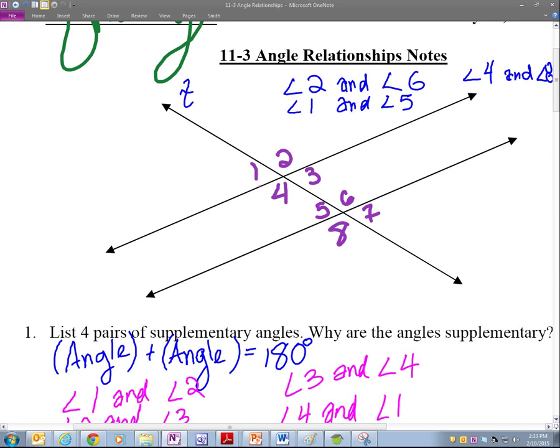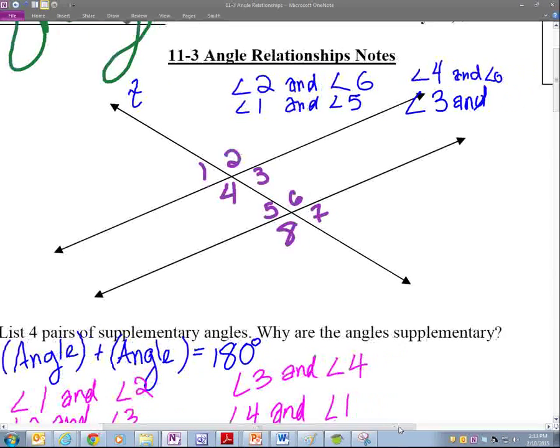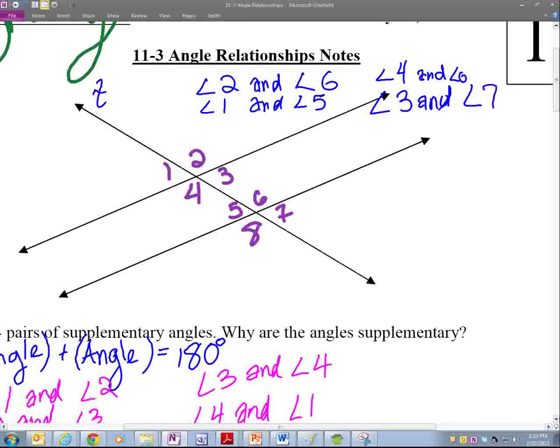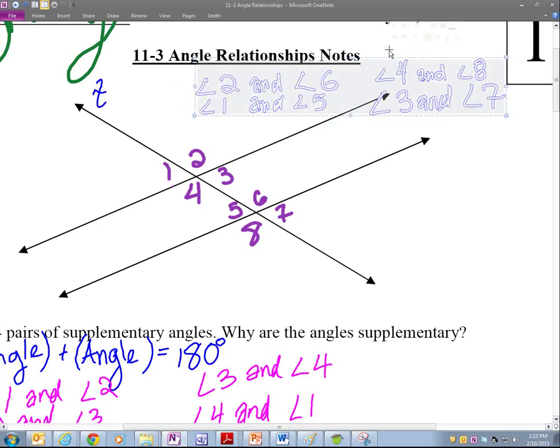We've taken care of 2 and 6. We've taken care of 1 and 5. We've taken care of 4 and 8. What do we have left? 3 and 7. That is correct. Angle 3 and angle 7.